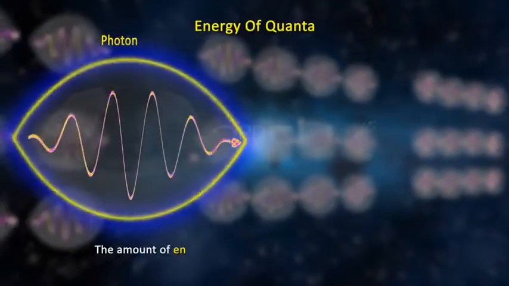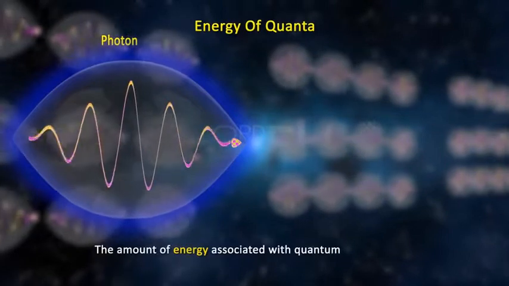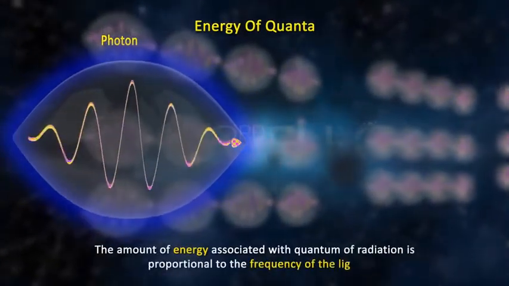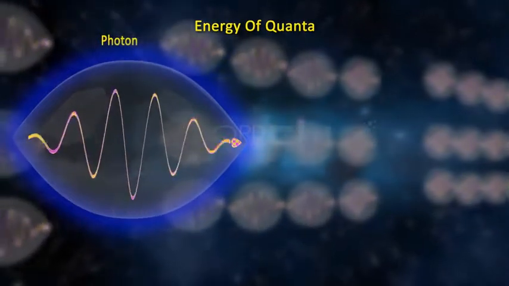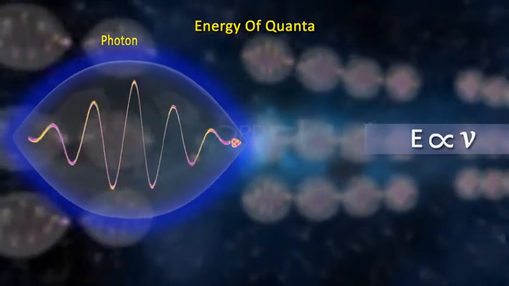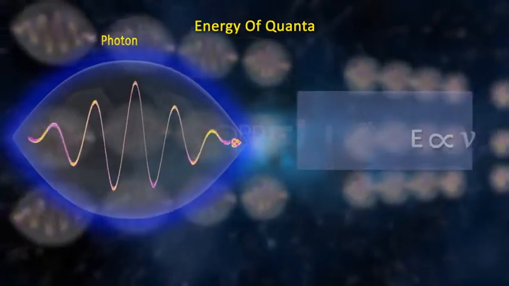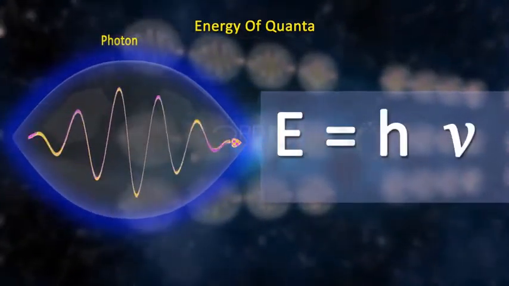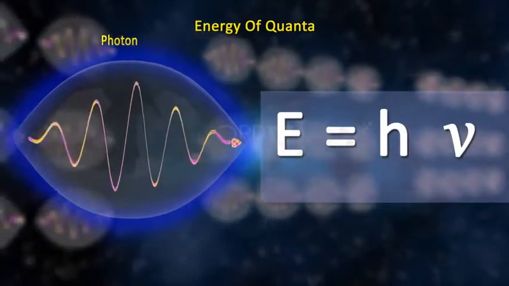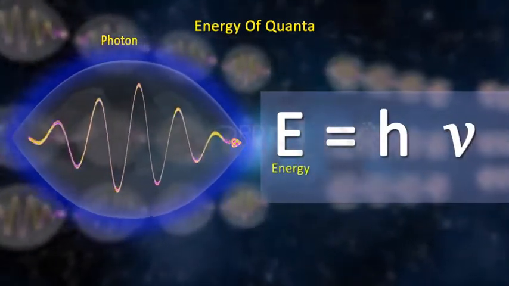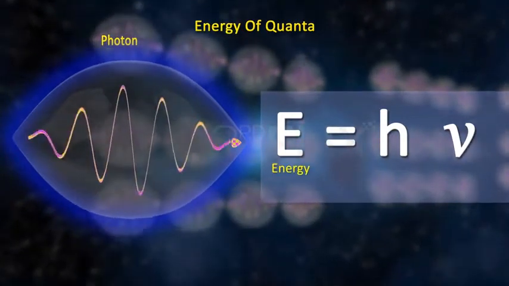The amount of energy associated with the quantum of radiation is proportional to the frequency nu of the light, which implies that E is directly proportional to nu, or E is equal to h nu, where E stands for the energy of radiation, h is Planck's constant.